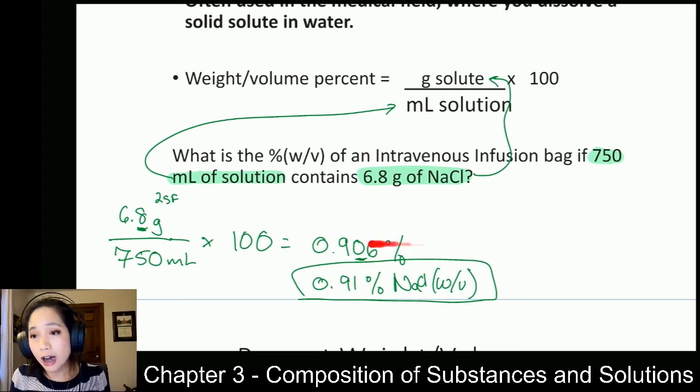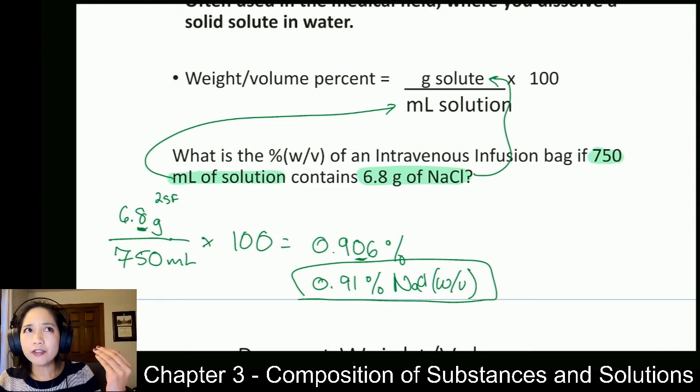So that is how much sodium chloride is actually dissolved in those IV bags, but instead of expressing it in something like molarity, they express it as a weight volume percent, just because it's easier to visualize how much sodium chloride is actually dissolved in that IV bag. It's easier to prepare on the medical field side of things. Just weigh it out, dissolve it to 100 milliliters or whatever. So that is the weight volume percentage of an IV bag.